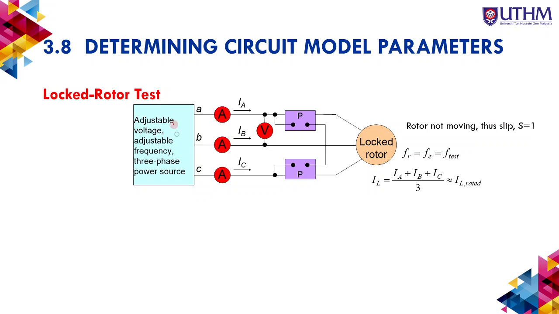So we supply the voltage, measure the current, and also measure the voltage and the power, and then we lock the rotor. So what happens when we lock the rotor? The rotor is not moving, so the speed is 0 and the slip becomes 1.